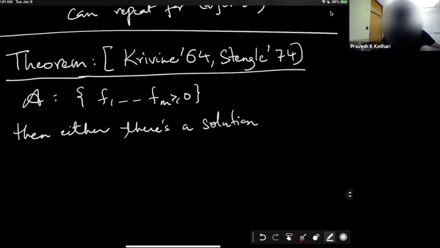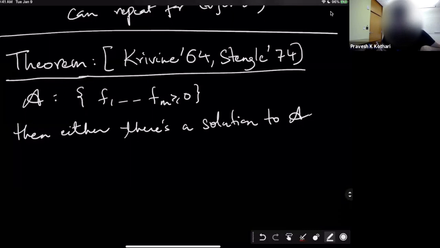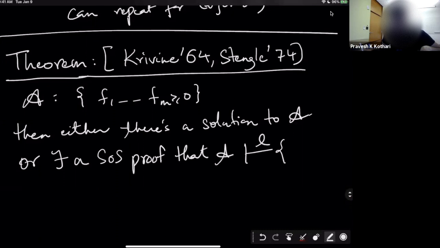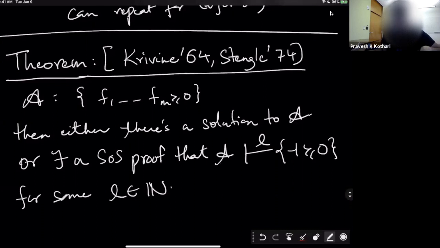So then either there is a solution to A, that is A is actually non-empty, or there exists a SOS proof that A derives in degree L the bogus equation minus 1 bigger than or equal to 0 for some integer L. Okay. So this can be somewhat flummoxing. Let's make sure that we understand what this means.